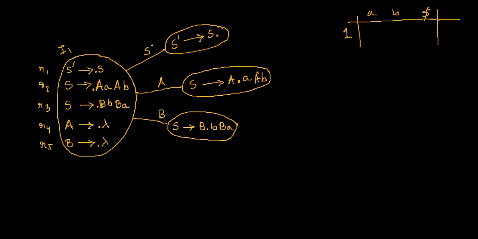If we are in I1 and because of this small a, there is no shift, but I can say that I have a reduce move for this one. So R4, R4, and R4.